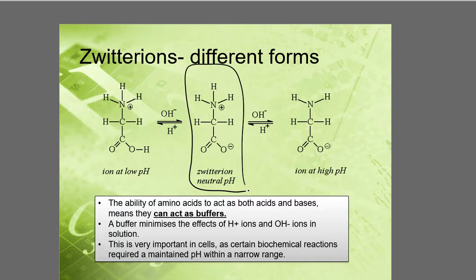Now, if, for instance, we take this molecule and we put it in a beaker of hydrochloric acid, so it's present in a very low pH, think about it, there's lots of hydrogen ions present within that solution.